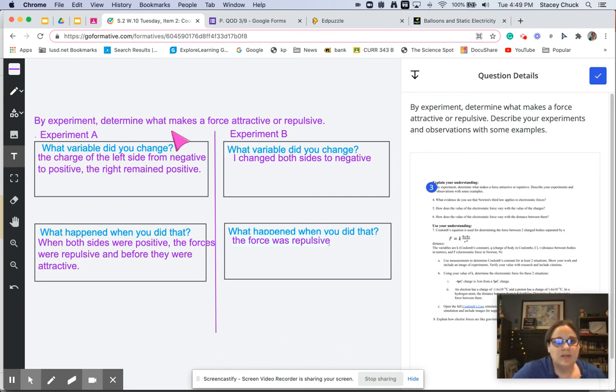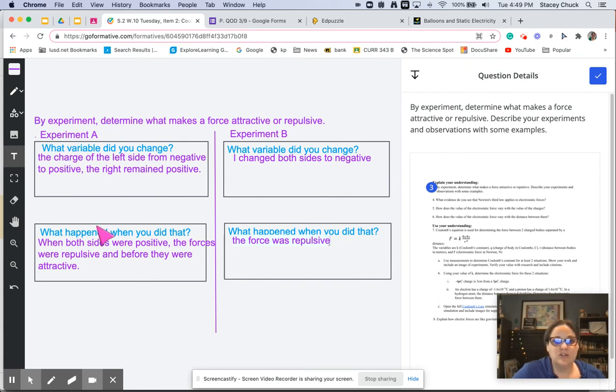Okay, so what determines what makes a force attractive or repulsive? Did we prove that with this? I think we did. Here we have that we took the left side charge from negative to positive while the right remained positive. What happened? When both sides were positive, the forces were repulsive. And before, they were attractive. So we've also answered when is it attractive? When they're opposite.